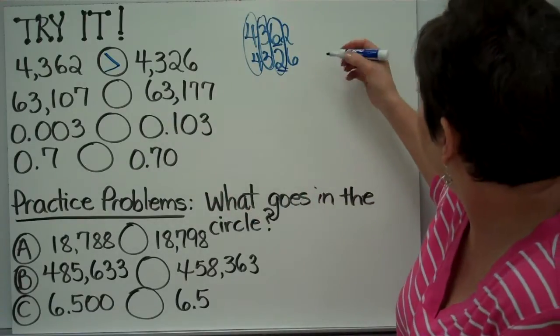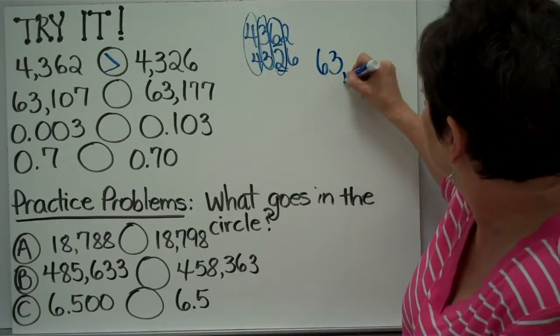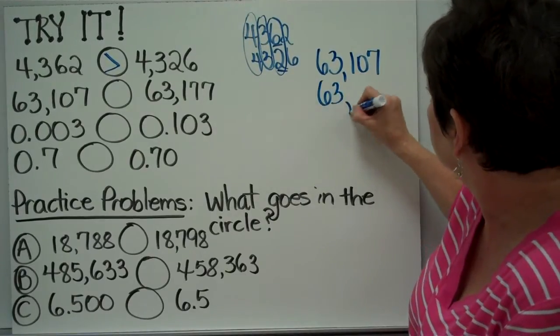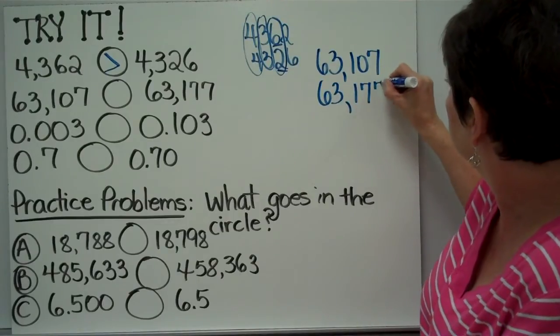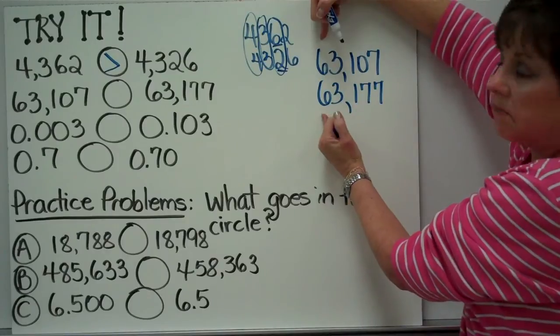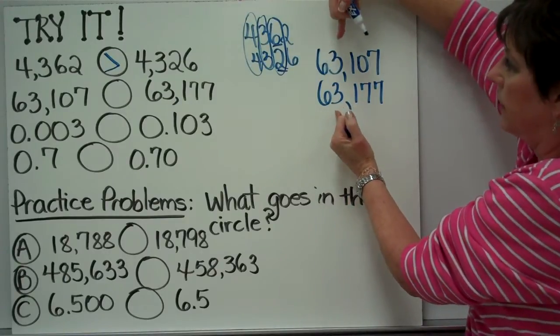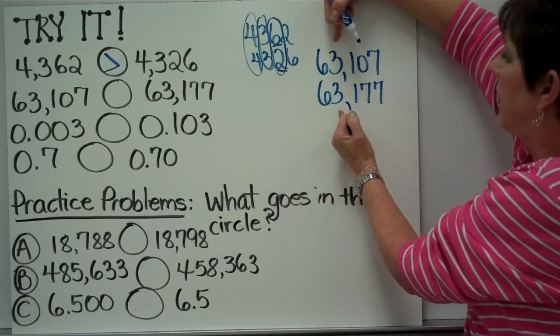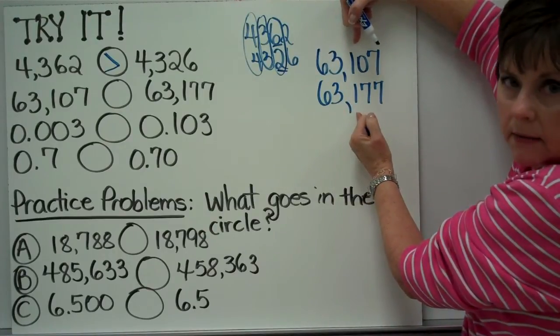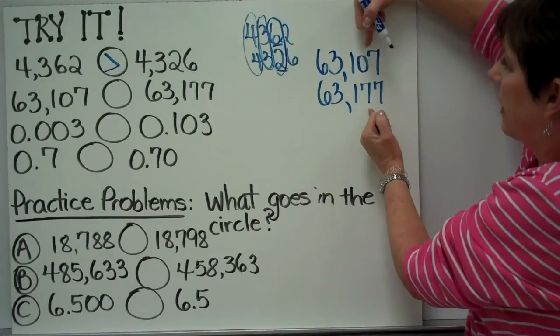Here's the next one. If we stack these and compare place value, start on the far left. They're both 6. All right, move on to the next place value. Oh, they're both 3. Move on to the next place value. Oh my, they're both 1. Move on to the next place value.